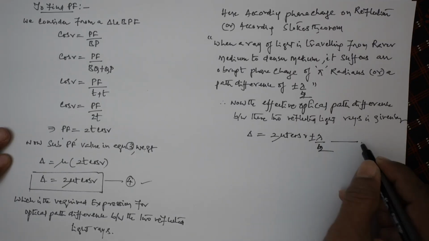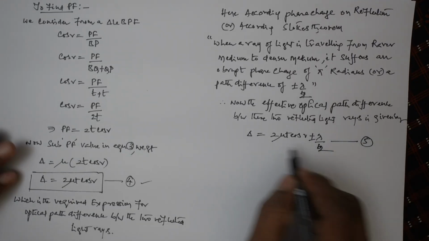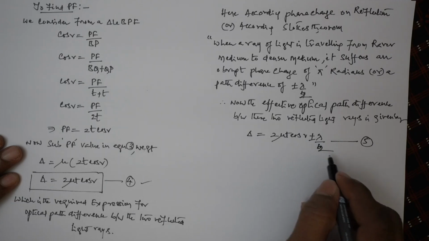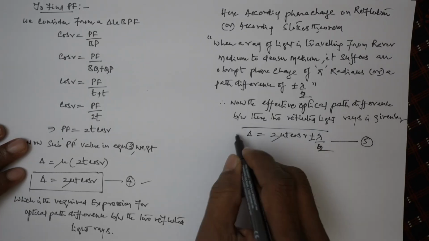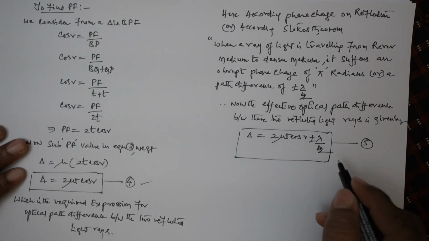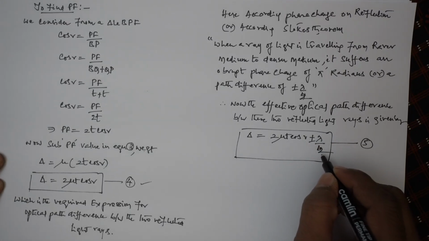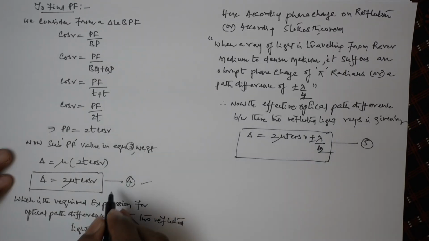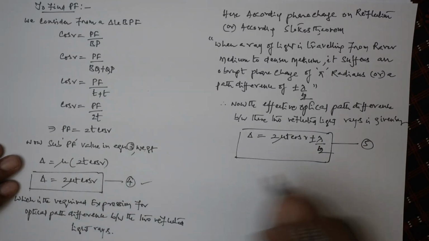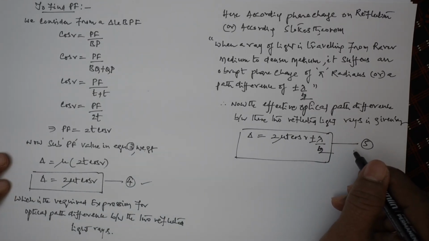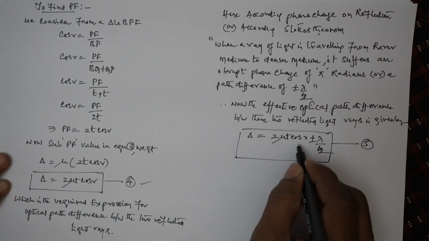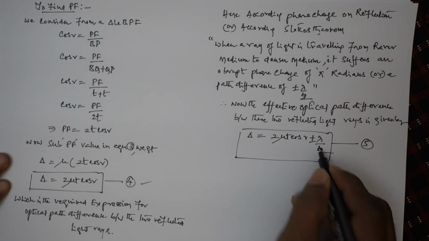So I can consider it as equation 5. Delta is equal to 2 mu t cos r plus or minus lambda by 2 is called effective optical path difference. In short notation we call it EOPD. Once again, the fourth equation is called optical path difference and the fifth equation is called effective optical path difference.